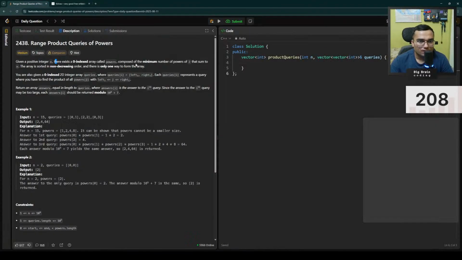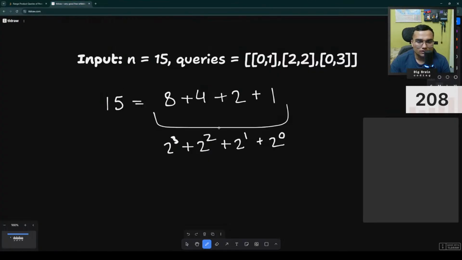Composed of the minimum number of powers of 2 that sum to n. The array is sorted in non-decreasing order, and there is only one way to form the array. Okay. So the array is basically 1, 2, 4 and 8.